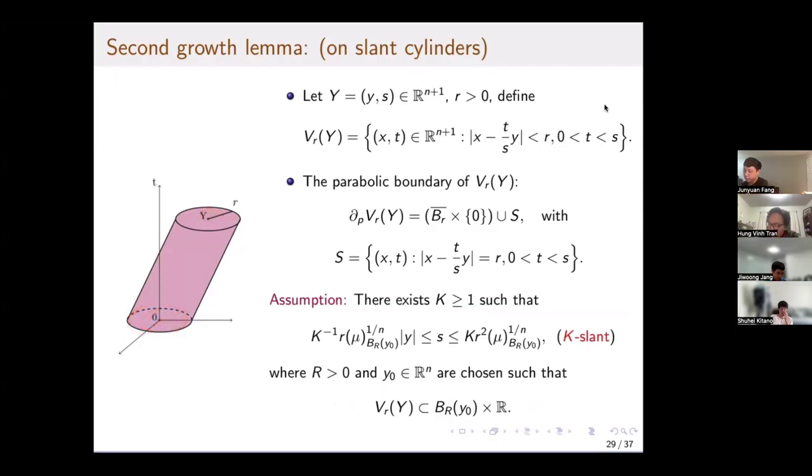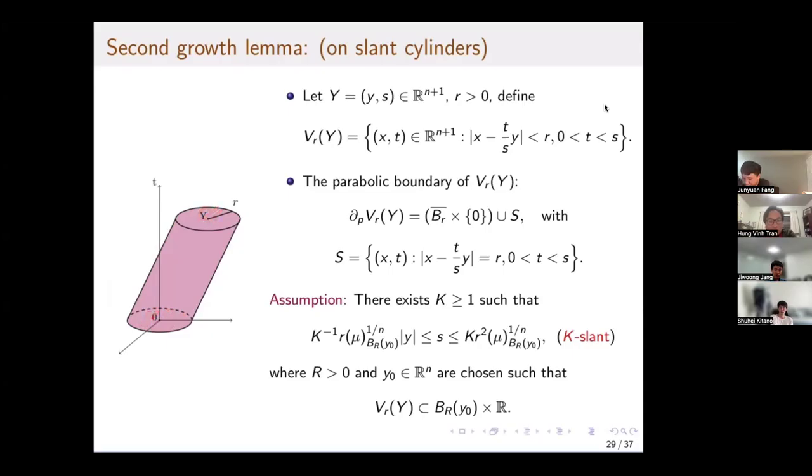Okay, so this is the definition of the slant cylinder. Our parabolic boundary of this slant cylinder is the lateral and the base, except the top one, okay. Also, you can think we try to estimate after some time on the top, right?